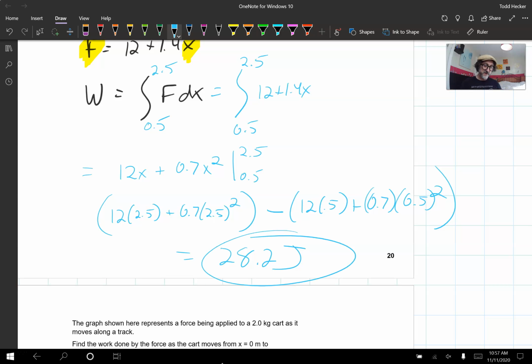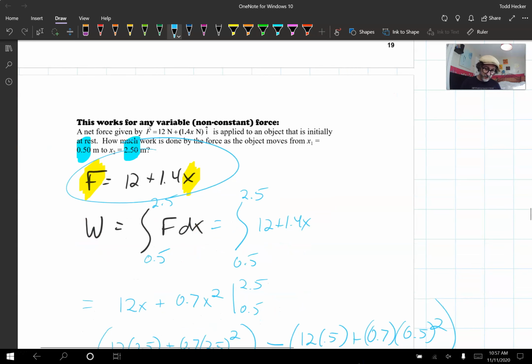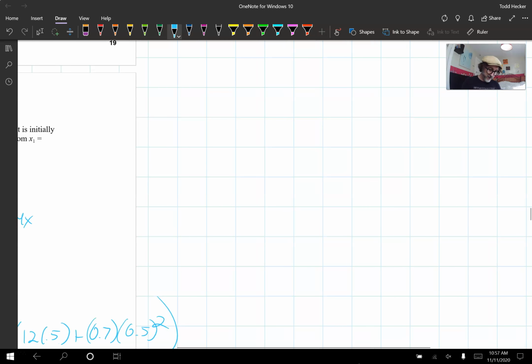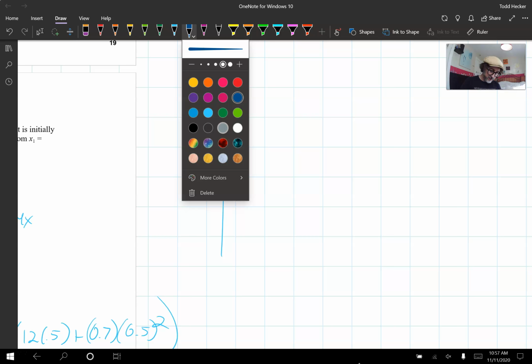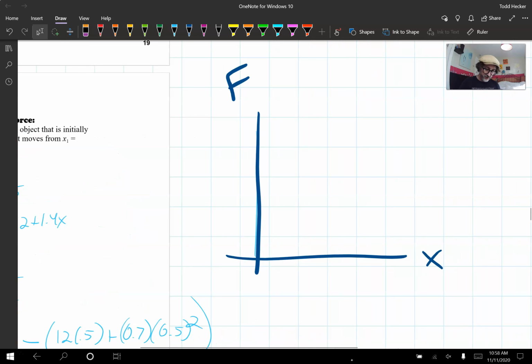Okay? Now, keep in mind, instead of giving you this function, I could have given you the graph, right? Suppose we've got a force that varies with position according to the graph. That as a function is going to look like this, right? 12, right?